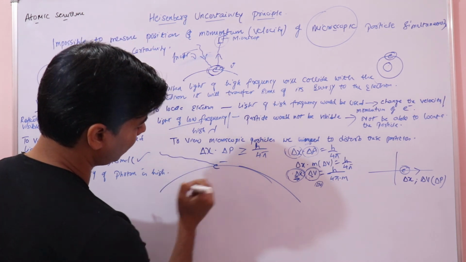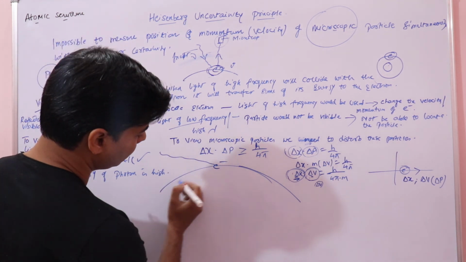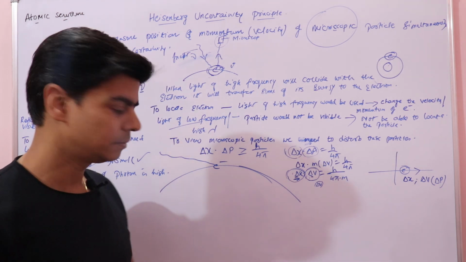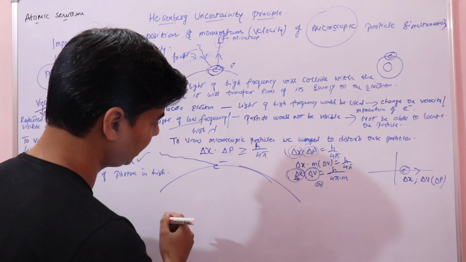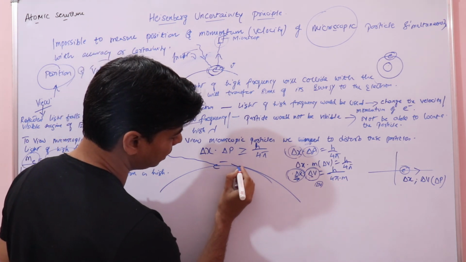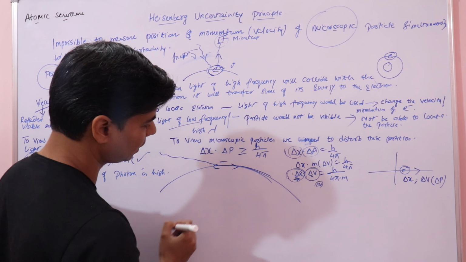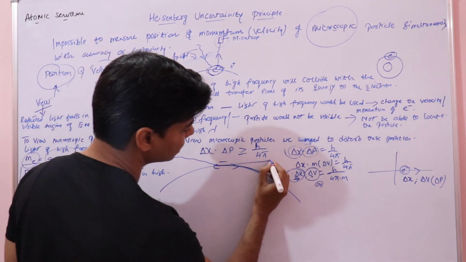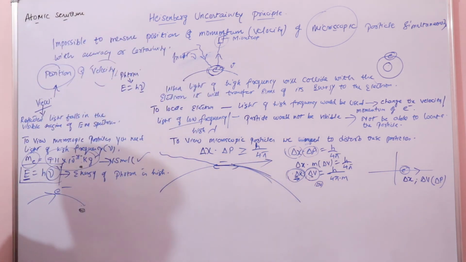When light of high frequency strikes it, the particle will get disturbed. Earlier it was moving in this direction, and now it will start moving in this direction. So the trajectory of the electron will get changed.